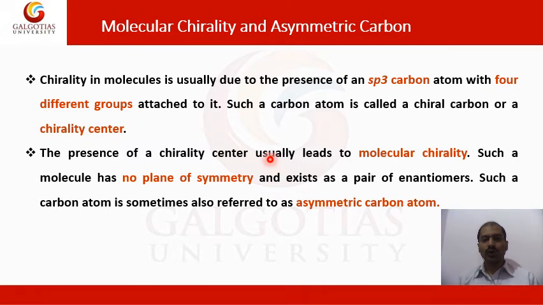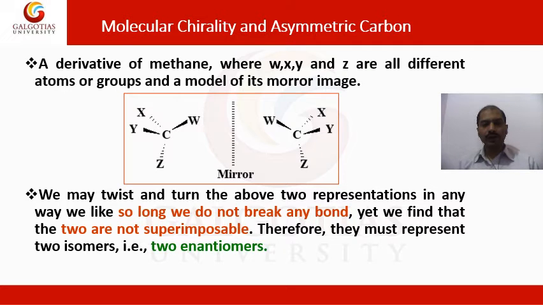So you do not need to be confused between chiral carbon and asymmetric carbon. Here you can see the example. In this simple example, if this carbon has four different groups, and you put a mirror, then the image of this will look like this.